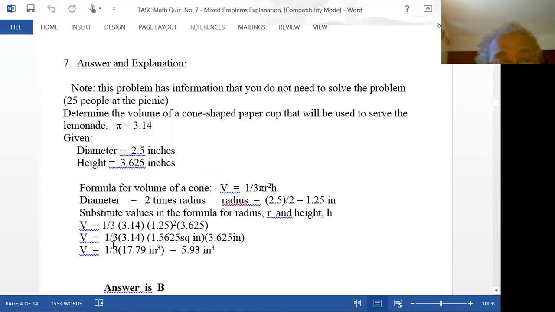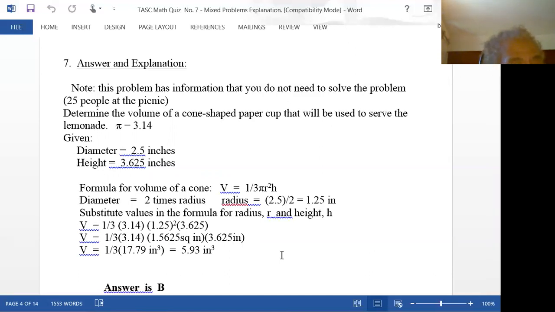And so when you multiply 3.14 times 1.5625 times 3.625, you get 17.79. Now that's multiplied by 1/3, which is the same as dividing by 3. 17.79 divided by 3 gives you 5.93 cubic inches.